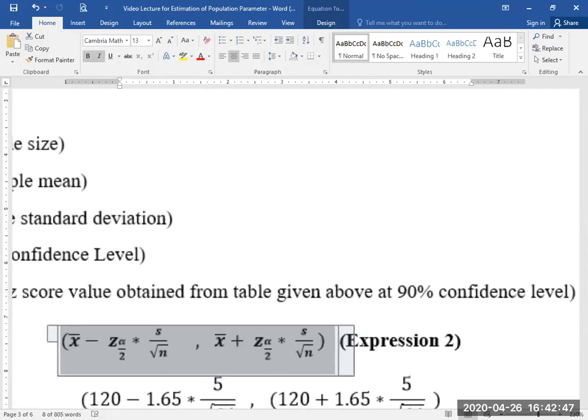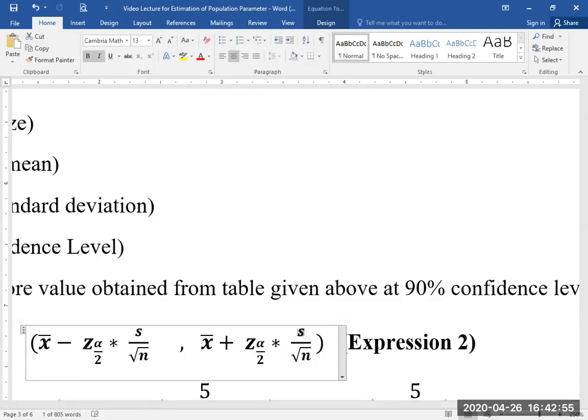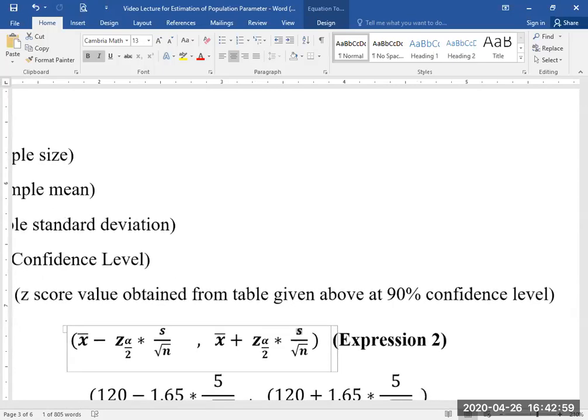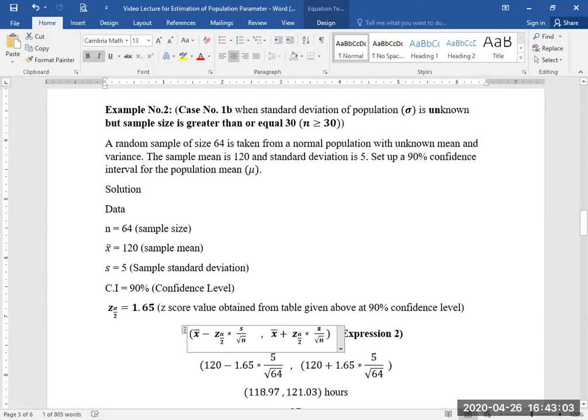Students, listen: we are using S, the sample standard deviation, instead of the population standard deviation, because that is not given, but the sample size should be greater than or equal to 30.